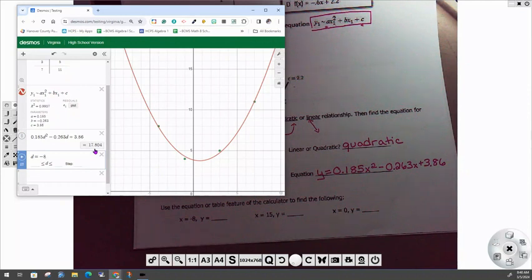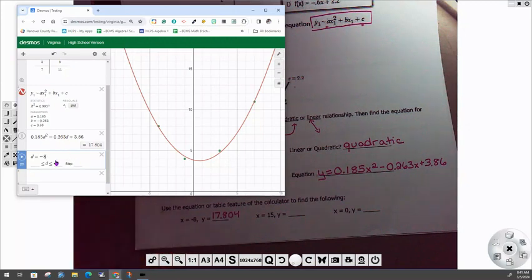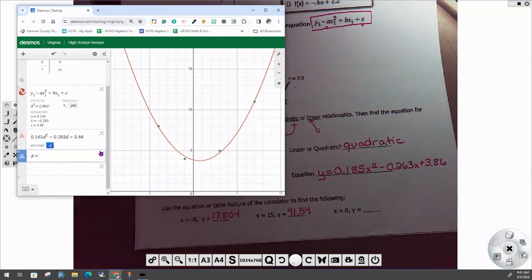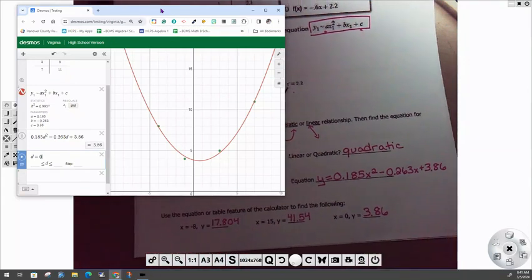And it says it's going to equal 17.804. Then it asks, okay, well, what if x is 15? So let's change our d value to 15. It's now giving us an answer of 41.54. Now it wants to know, well, what if x is 0? Y is going to be 3.86. Okay, so let's go to the next page.